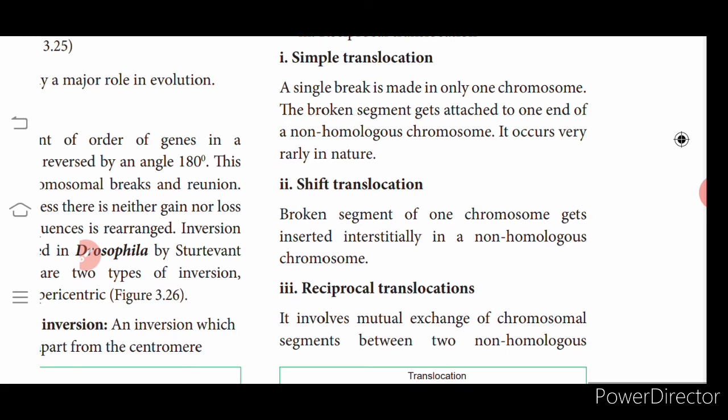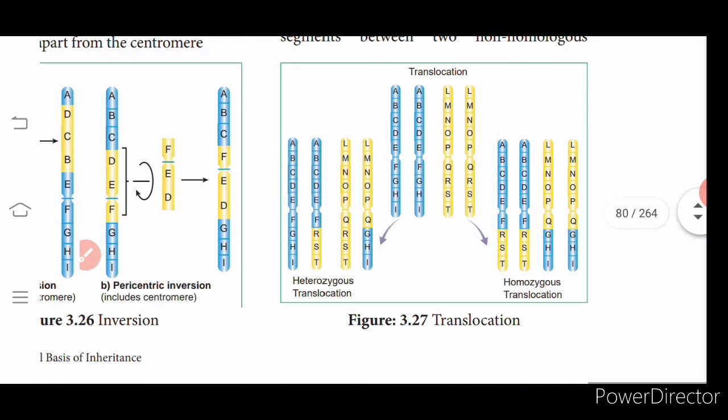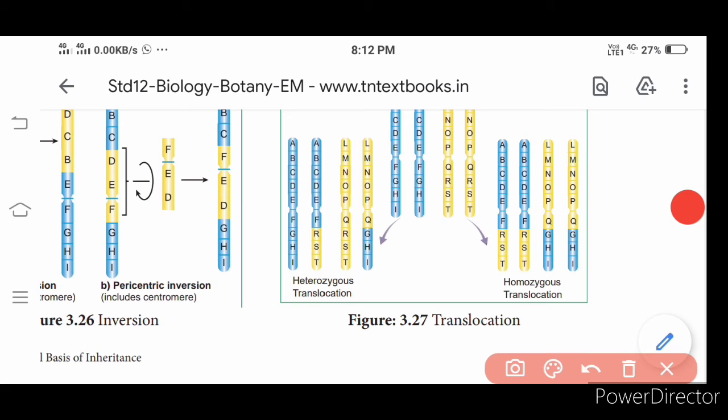The broken segment gets attached to the end of a non-homologous chromosome. We can learn from the diagram as such. Heterozygous translocation. Follow? Here we have the chromosomes. First you can see this is the middle portion. It is a normal condition where the homozygous translocation and heterozygous translocation occur.